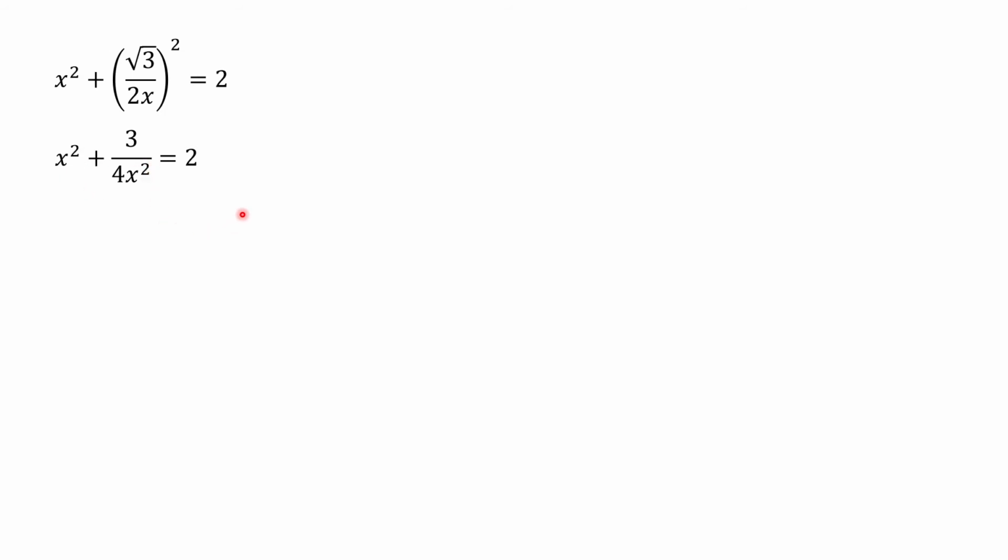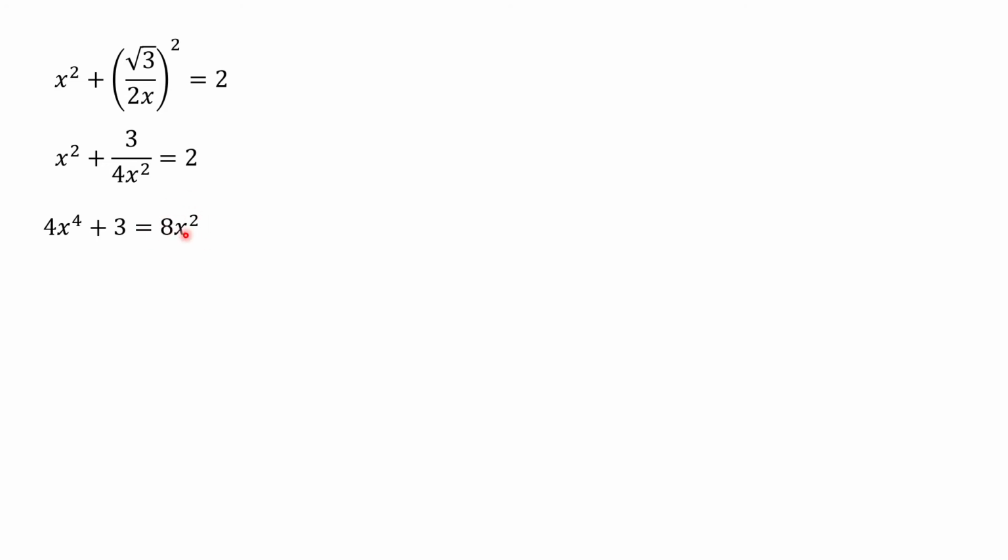To get rid of the denominator, let's multiply both sides of this equation by 4x squared. Now, this can only be done if x is not equal to 0, but since we have x in the denominator already, we know that x cannot be 0. Okay? So when we do that, we get an equation like this.